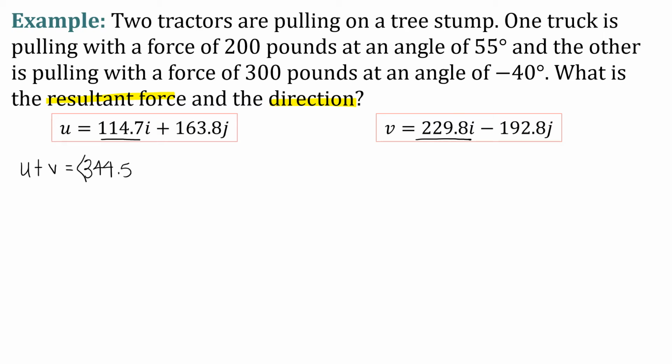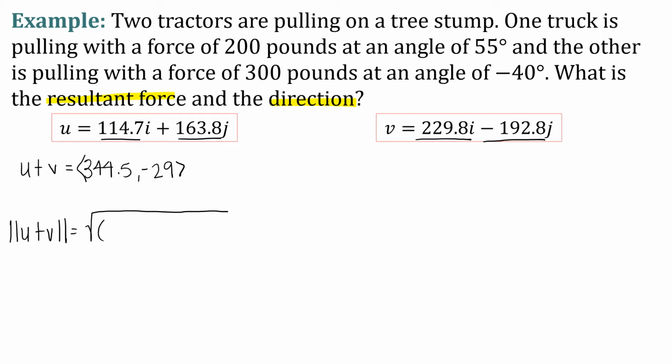And then I'm going to add 163.8 minus 192.8, or I can look at that as 163.8 plus a negative 192.8. Whichever way you want to look at it, that's going to give me a negative 29. But I'm not finished here. Remember, resultant force is the magnitude. So I need to find the magnitude of U plus V.